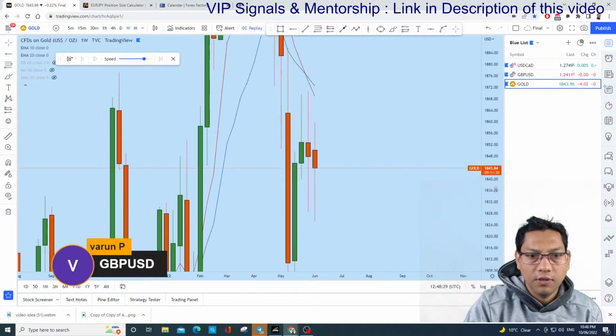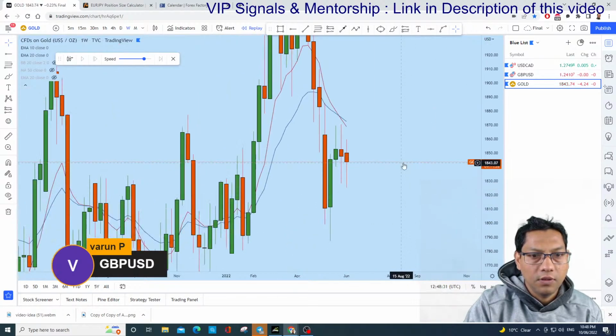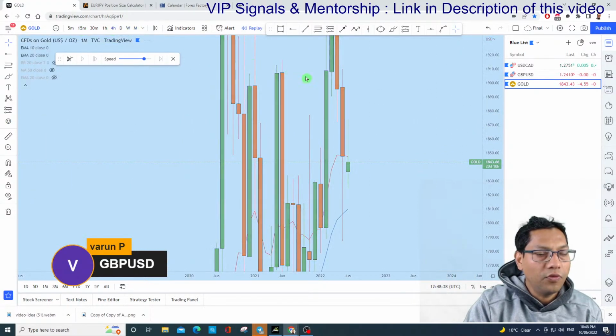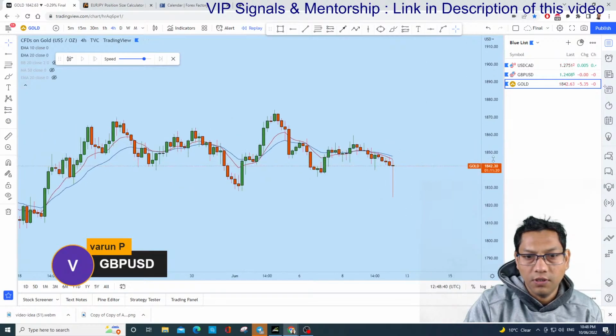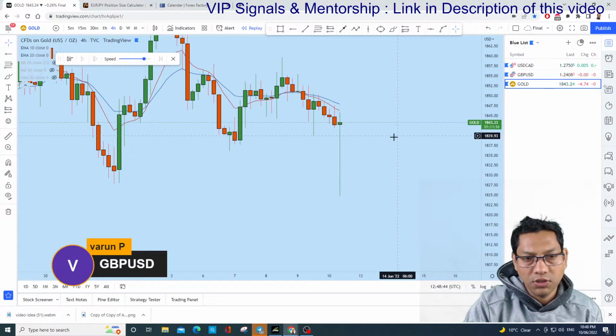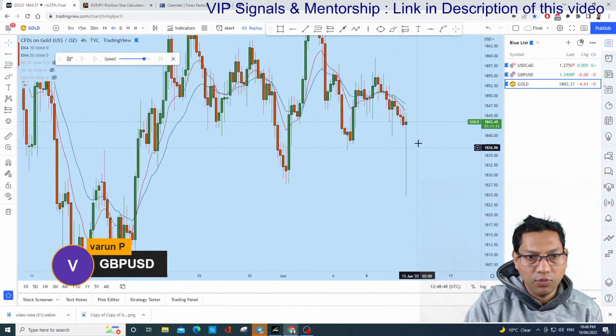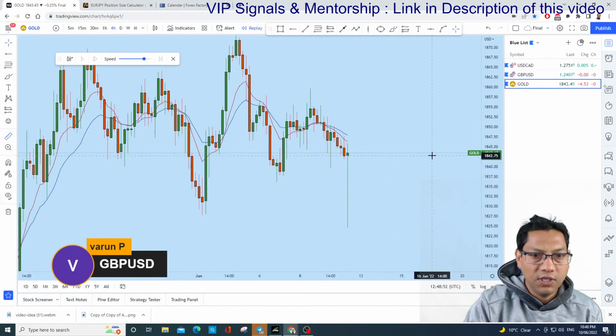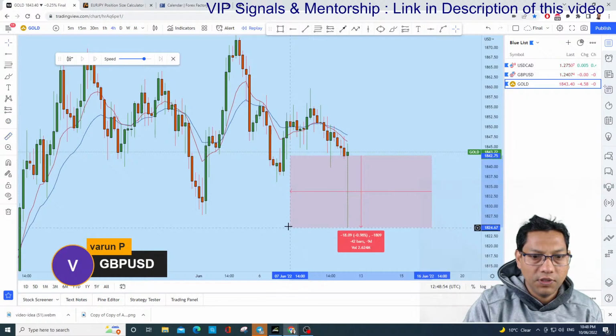Weekly, monthly, 4 hour again. So let this candle close, but I think gold might give us a selling opportunity. If this is the case, then see where we can have a target on gold.